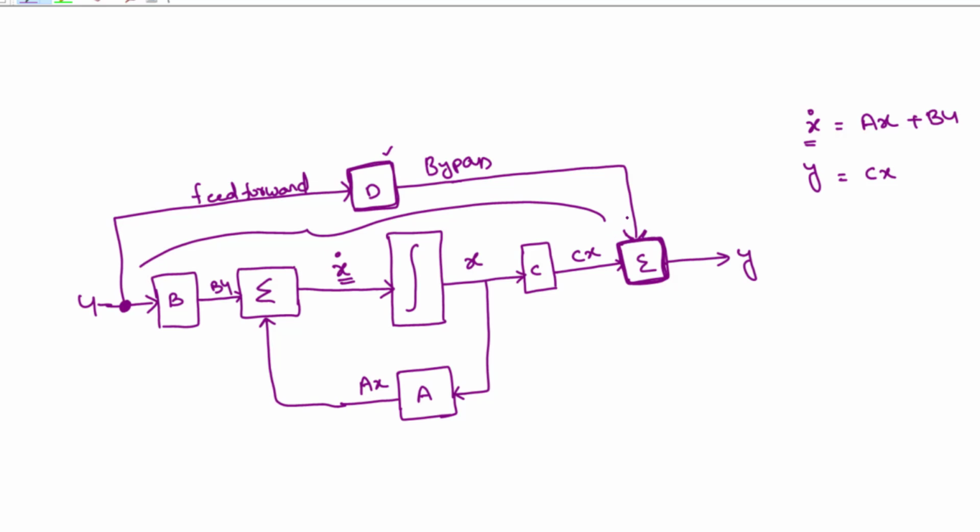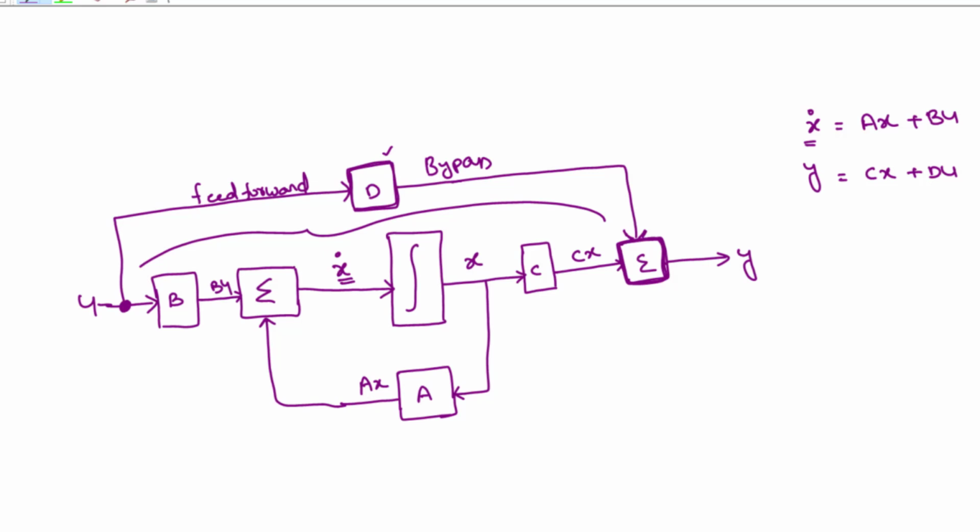So we generally go this way: x dot is equal to ax plus bu, y equal to cx plus du, where D is the feed forward information. If you want, you can use it, otherwise there is no issue. Some systems may have a feed forward path, some systems may not. That depends upon what type of system we are using.